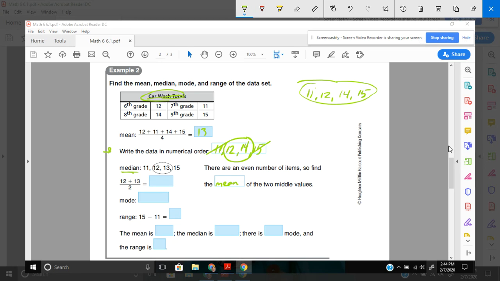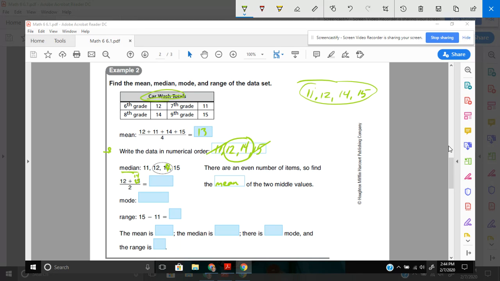Oh, it looks like 11, 12, this should actually say 14. Looks like the book made a mistake here. Our data points, right? 11, 12, 14, and 15. 11, 12, and they have 13 there. That looks like a mistake on their part. I wonder if you caught that as well.